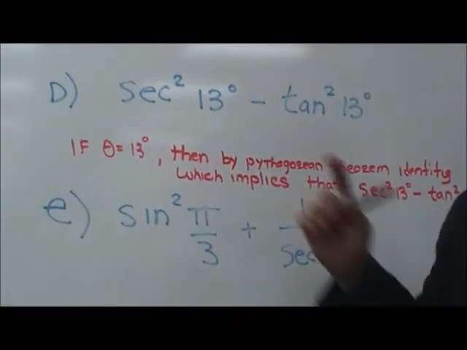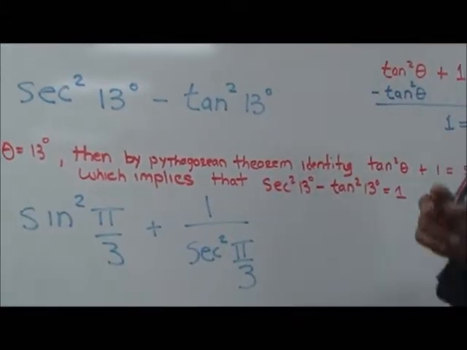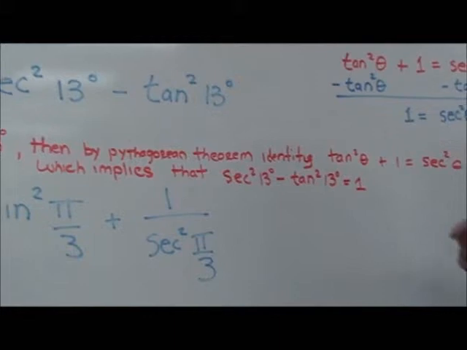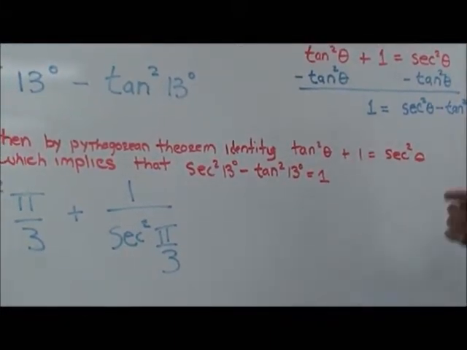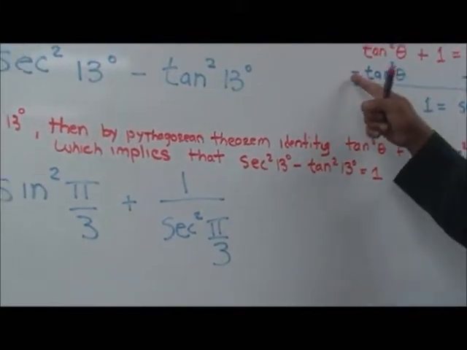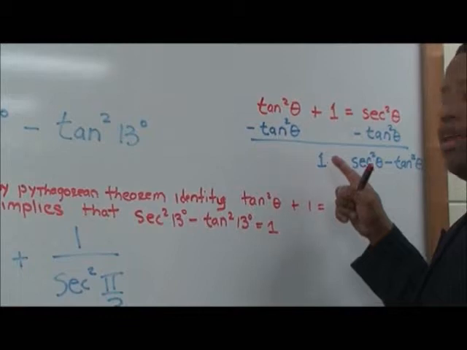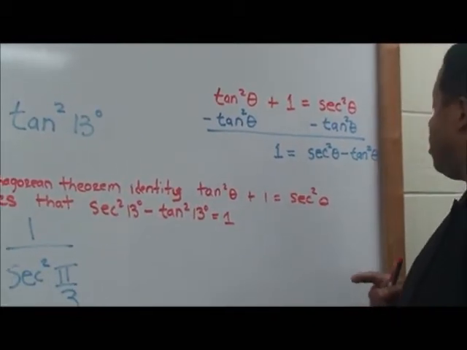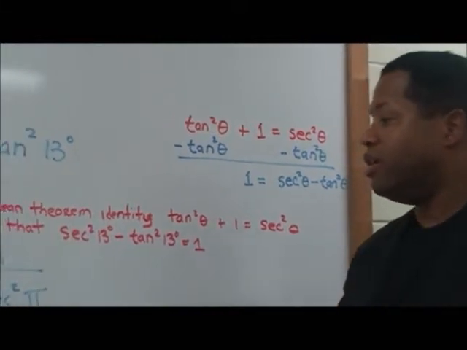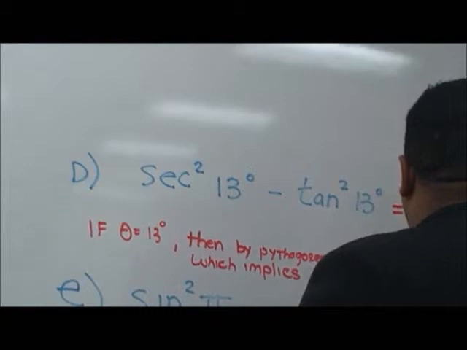If theta is equal to 13 degrees, then by the Pythagorean theorem identity, tan squared theta plus 1 is equal to secant squared theta. However, we're going to take negative tan squared theta to both sides, leaving 1 is equal to what? Secant squared theta minus tan squared theta. So for this particular problem, the solution, again, is 1.